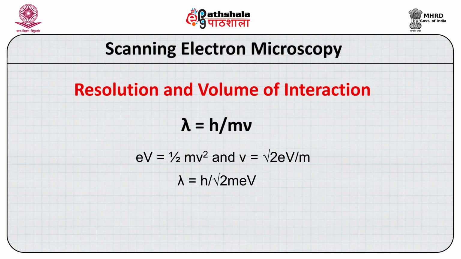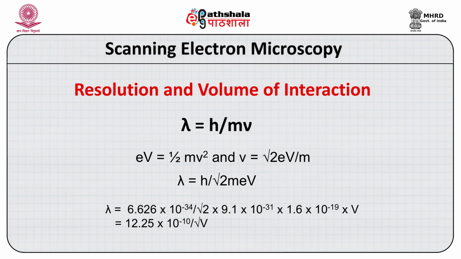Now, let us try to understand this in terms of certain numbers. Considering that the mass of an electron is 9.1 into 10 to the power minus 31 kilogram and the charge is 1.6 into 10 to the power minus 19 coulomb, wavelength of electron can be computed as lambda is equal to 6.626 into 10 to the power minus 34 divided by under root 2 into 9.1 into 10 to the power minus 31 into 1.6 into 10 to the power minus 19 into V, and this works out to be 12.25 into 10 to the power minus 10 under root capital V, which represents the accelerating voltage.